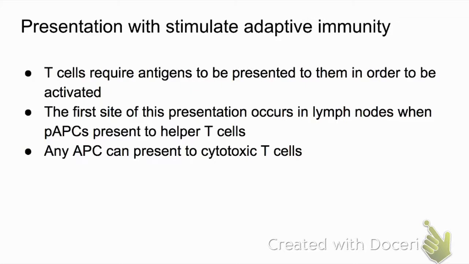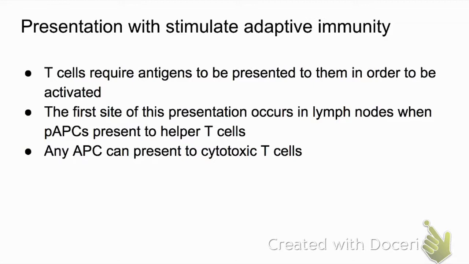And the first site of this presentation is going to occur within the lymph nodes when those professional antigen presenting cells travel to the lymph nodes and present those epitopes to helper T cells. And again, any antigen presenting cell, which is any cell that can place MHC1 on its surface, can present antigens to cytotoxic T cells.